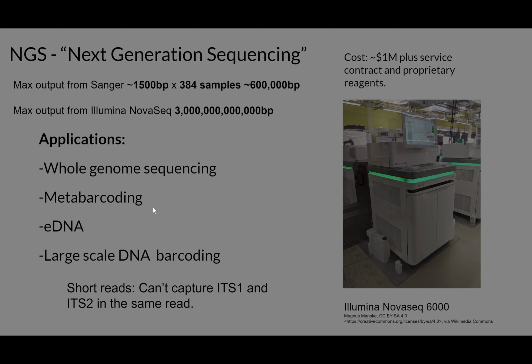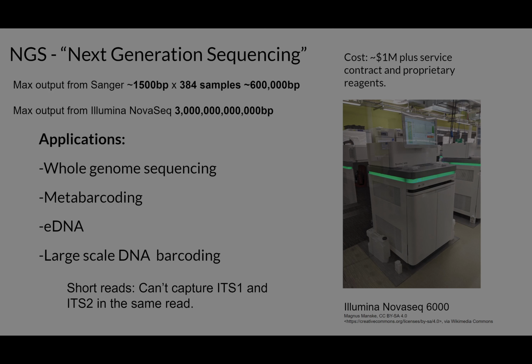The other disadvantage is that the length of the reads that it generates is short. So with Sanger sequencing, each read can be about 1,500 base pairs maximum. With this, the maximum size is 250 base pairs, although most commonly people generate 150 base pair sequences.